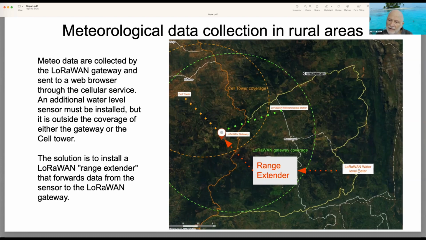It only has connectivity from the sensor using the LoRaWAN protocol, and with the same protocol, it will connect to the LoRaWAN gateway, which does have internet connectivity, and from there to the internet. So this is the solution that we are working with, and so far it has proved quite useful.